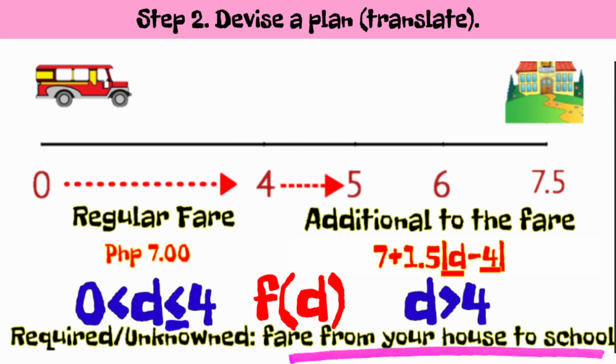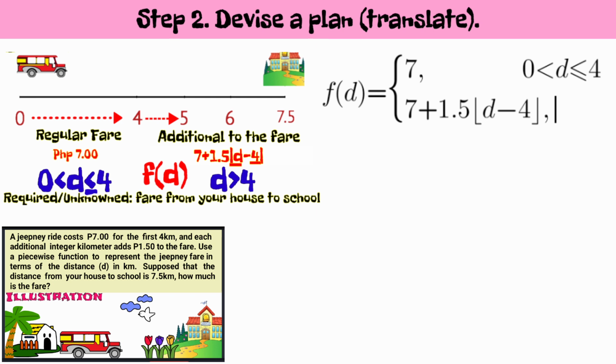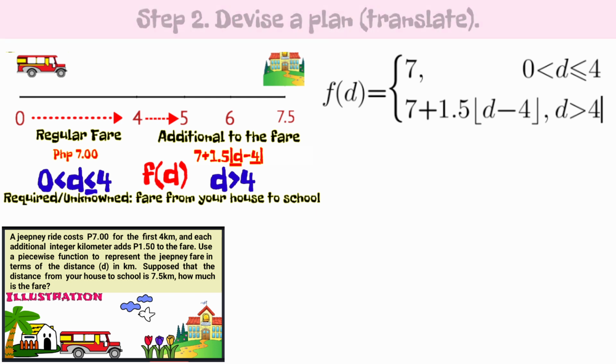Finally, the piecewise function that represents the problem is f of d is equal to 7 pesos when the distance is from 0 to 4 kilometers, and f of d is equal to 7 plus 1.5 times the floor of d minus 4 when the distance is greater than 4.